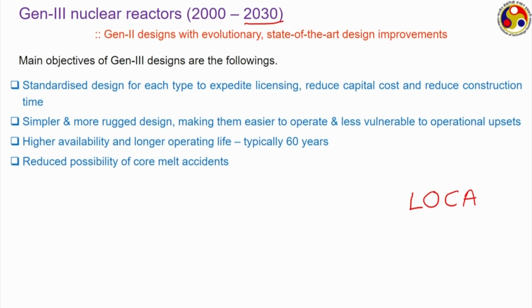It may happen because of certain kind of pump failure. In all the designs that you have seen, generally we have pumps to get the fluid back to the reactor and take the heat away. Now, if a situation happens where the pump fails, then the coolant will not be able to go back to the reactor, but the reactor, because of the radioactive decay or the fission reaction rather, will keep on producing energy, and as the coolant is not there, there is no one to take that energy.